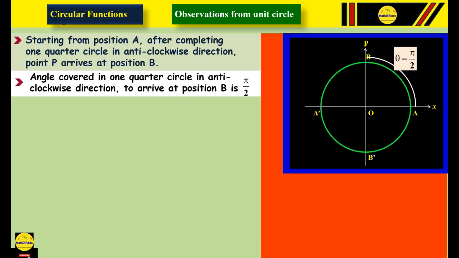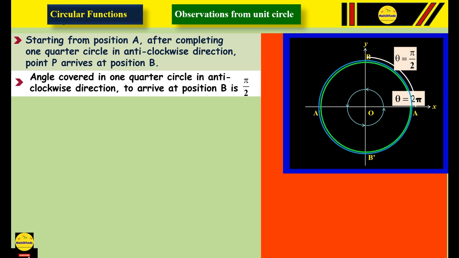Now from the previous case of position A, some hint we have. What? That if I allow point P to complete a circle, to have one complete rotation, it would reach back to position B. And one complete circle is equivalent to what? It is equivalent to 4 quadrants, so the corresponding angle would be 2 pi.